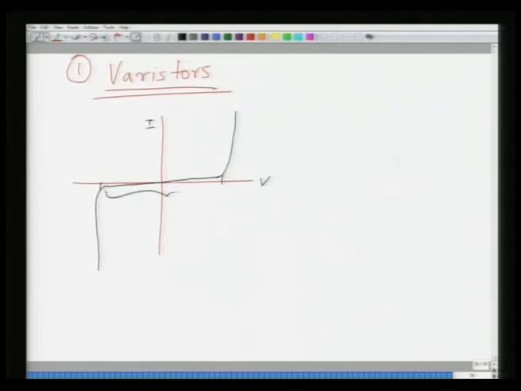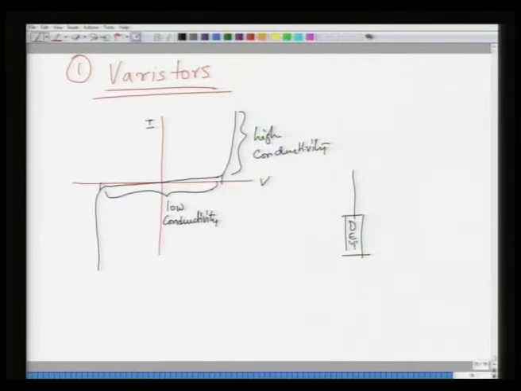In this section you will have low conductivity or high resistance, and in this section you will have high conductivity. Basically, you have a device which needs to be protected. So, this is your device, you put a varistor in parallel with it, and then you have a source.